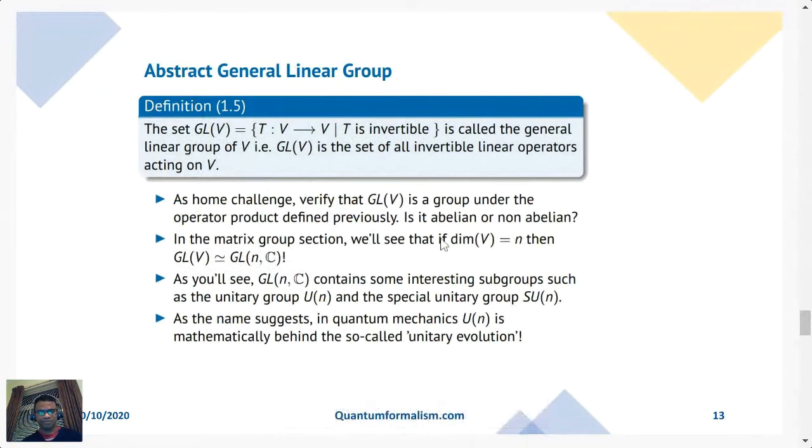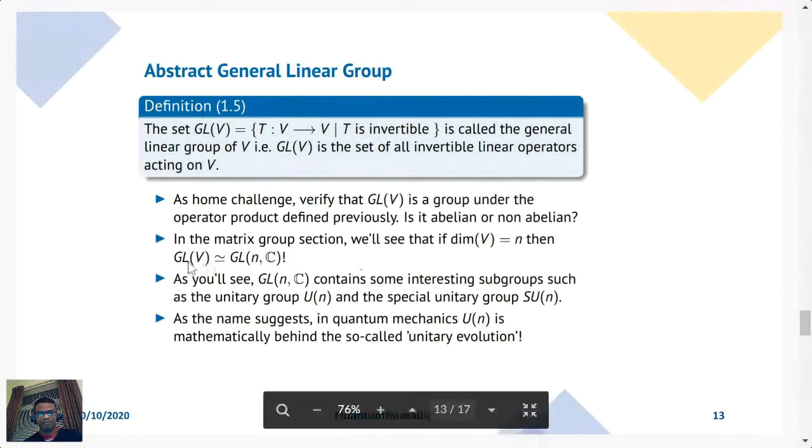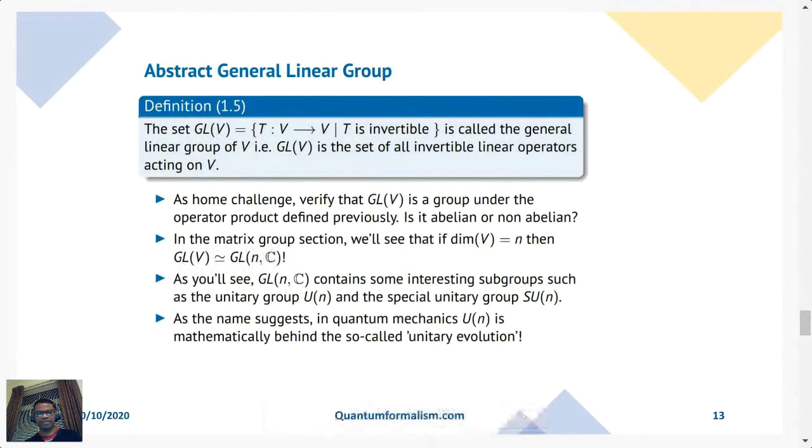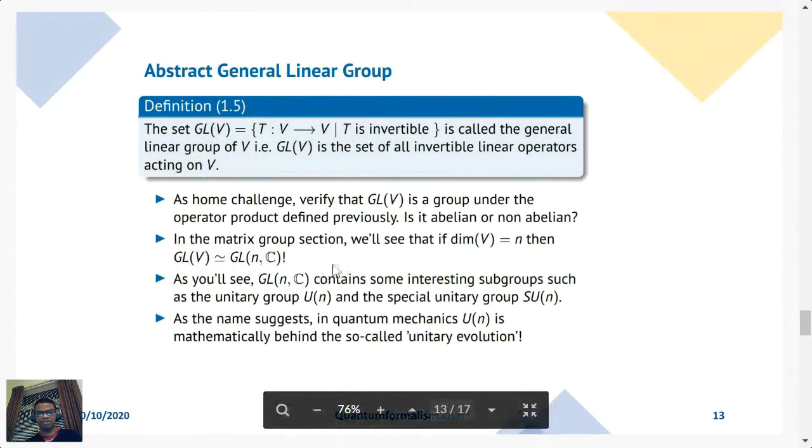So if we have a vector space of dimension n, instead of working with the abstract invertible operators here, we can just work with the matrices instead. This is a very fundamental result. We will see this once we get to the matrix group section.